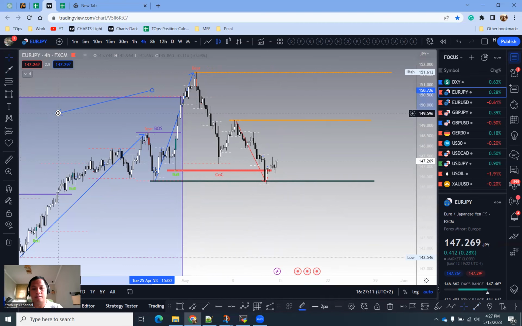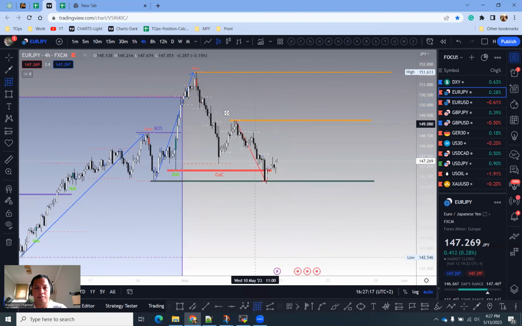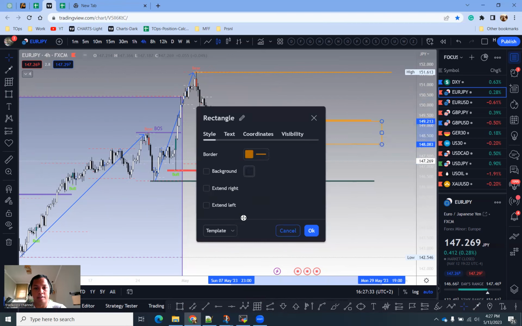So ano ba yung important levels na babantayan? So ngayon, gagamitin ko yung gun box. So since ito yung origin ng break of the structure that caused the change of character, so ito yung range ng move na yan. So abangan ko yung price. So paano siya magre-react on this area?